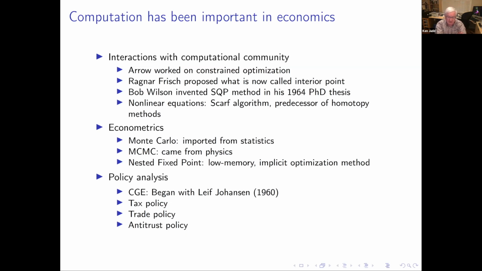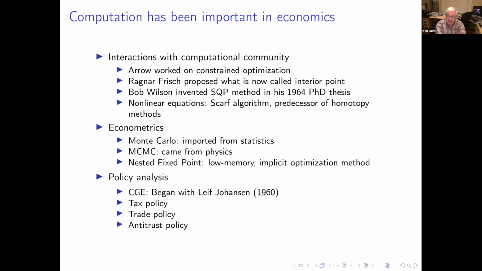The citation often made is to the Metropolis-Hastings algorithm, and by the way, that's two papers, one by Hastings and the other a paper of five authors, the first being Metropolis, and the others Rosenbluth, Rosenbluth, Teller, and Teller. So this obviously had a physics background. Also, the nested fixed point method is a low-memory implicit optimization method, used much in econometrics.